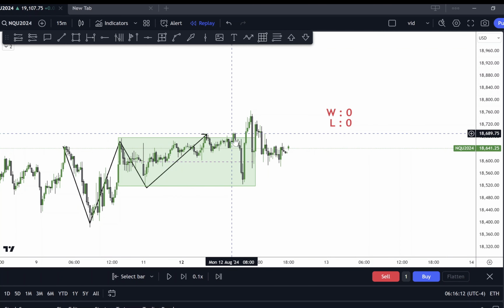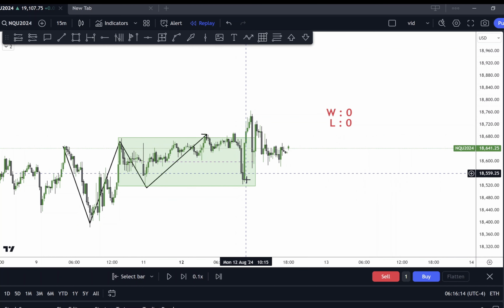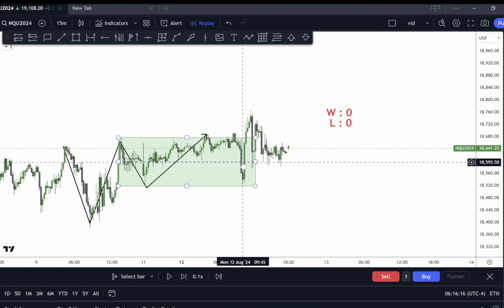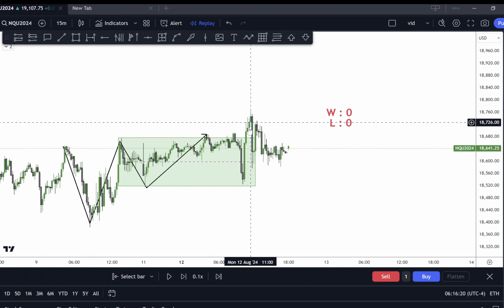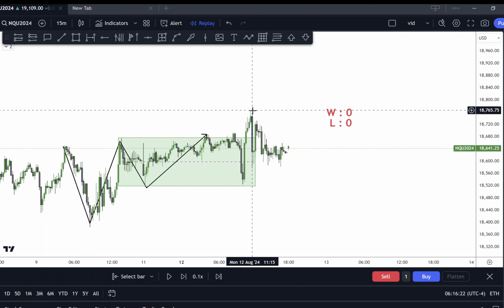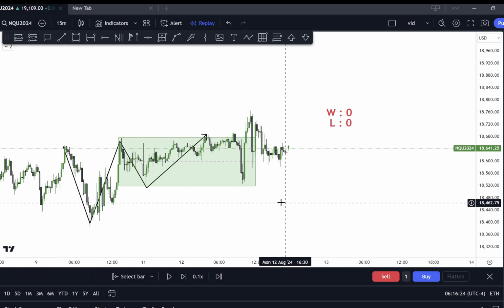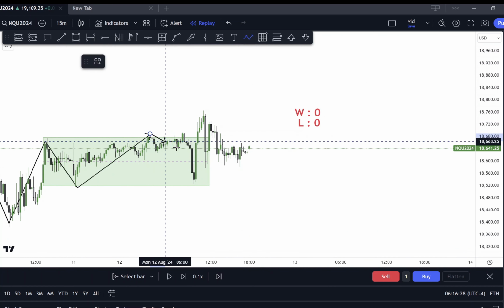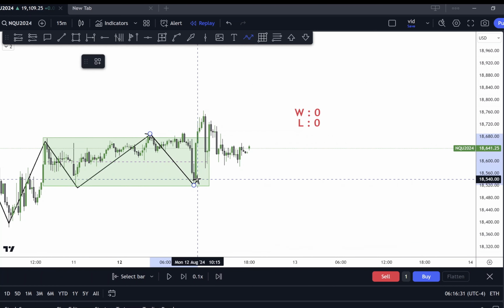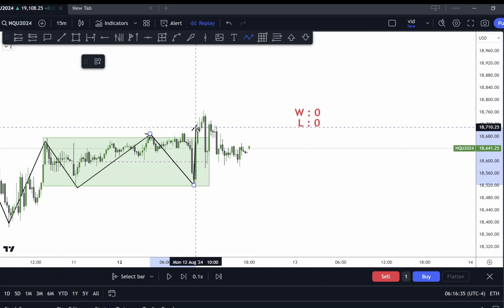So price just mitigated the 50% and went a bit further, then it gave another break of structure and a new zone. Okay, so this was now our new protected low, and we break structure again.